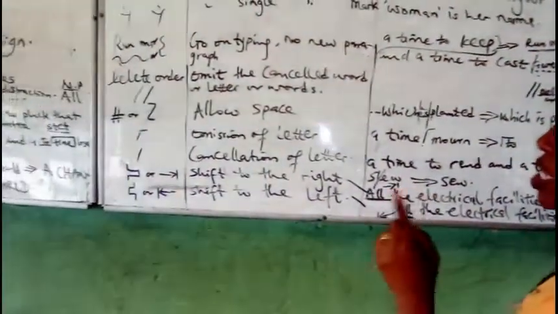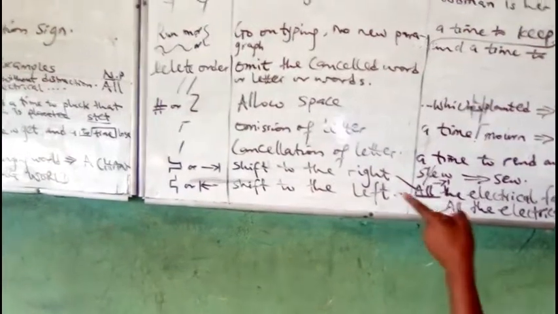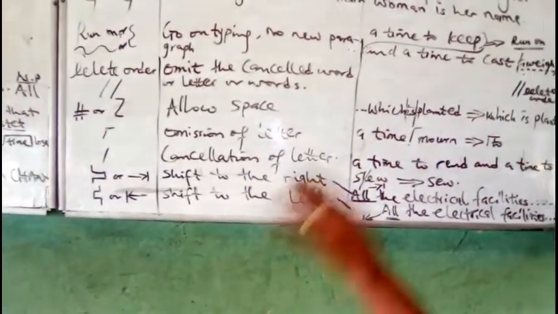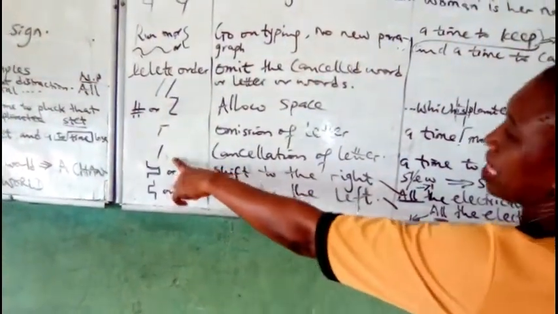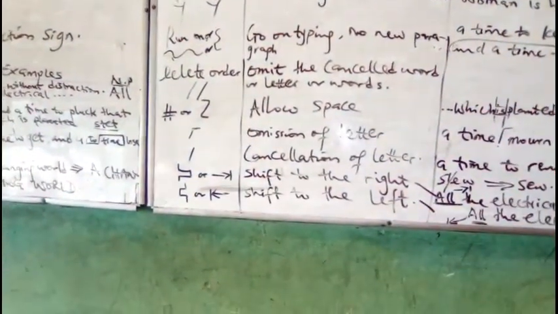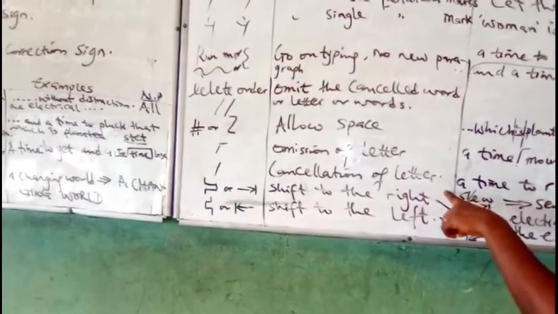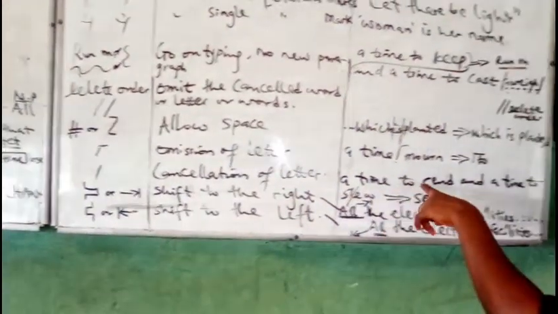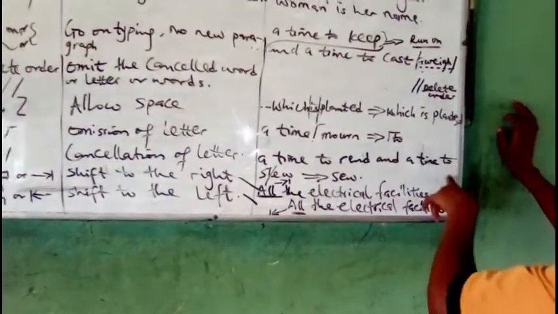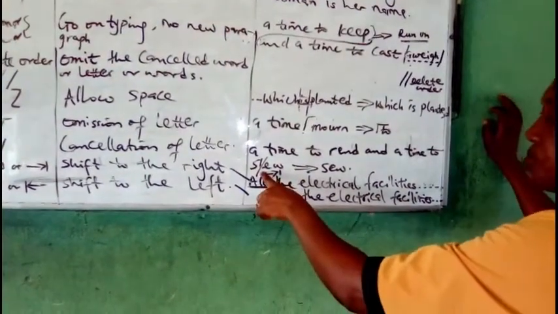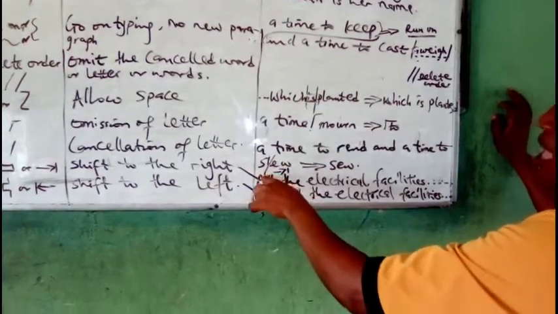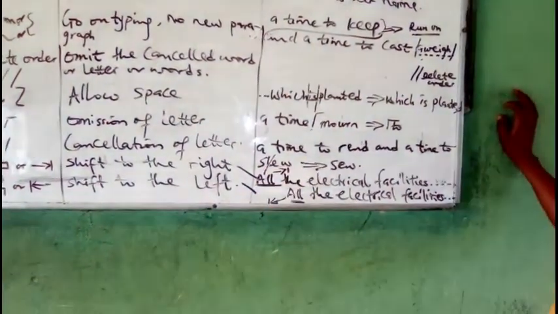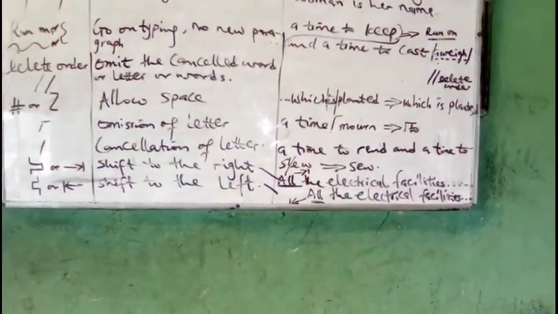Then you know it's not only a letter that is for delete, but the entire sentence or word. Only one represents a letter. Cancellation of letter: "a time to rend and a time to sew." But there is a letter before E, L. So you remove the L by putting the line there.